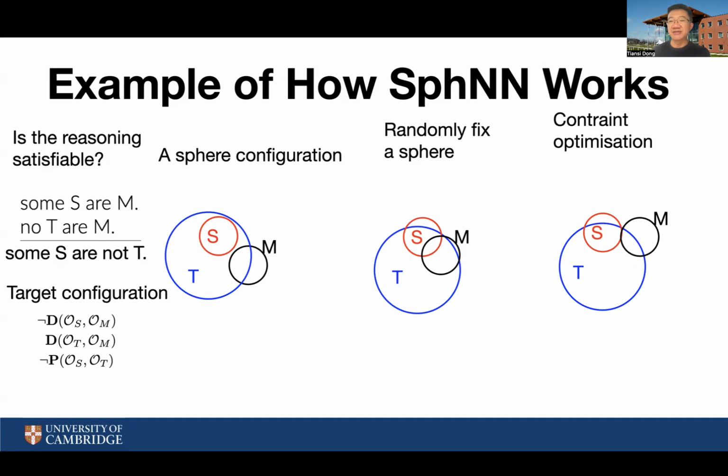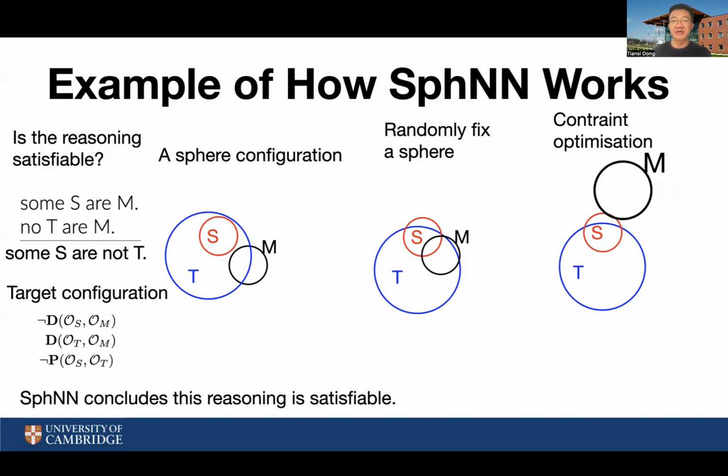When M disconnects from S, the network will repair the relation between S and M first, and then continue to push M away from T. Finally, M's trace moves around S, till it is disconnected from T, then the network stops, finding a model and concluding the reasoning is satisfiable.